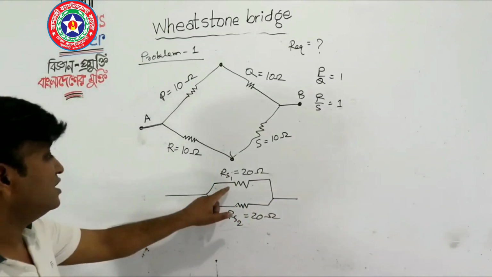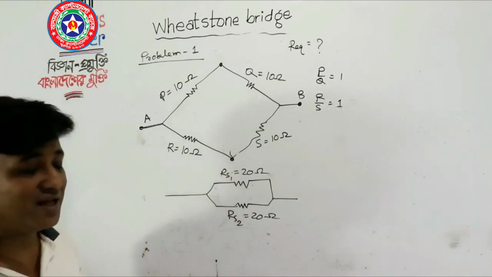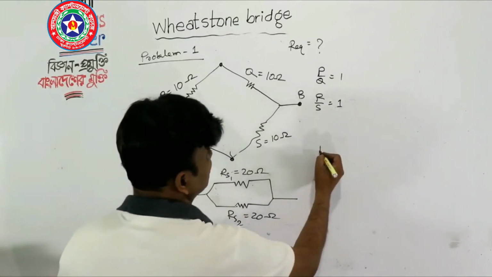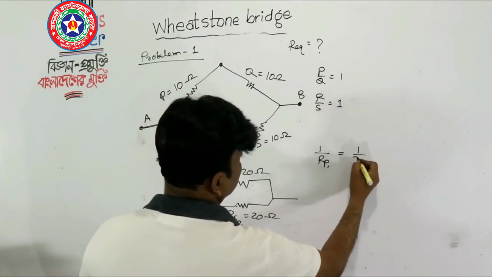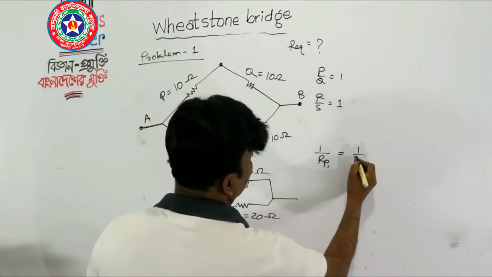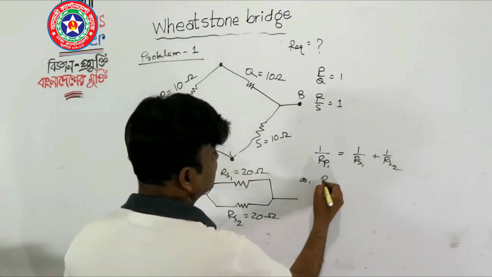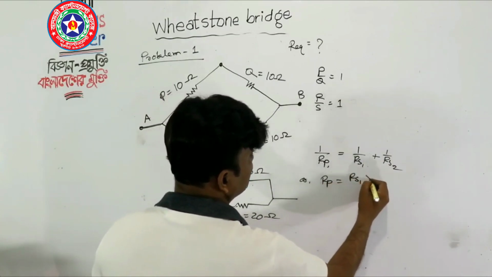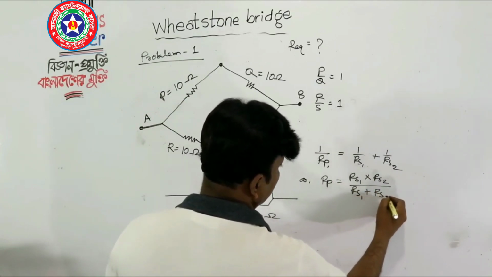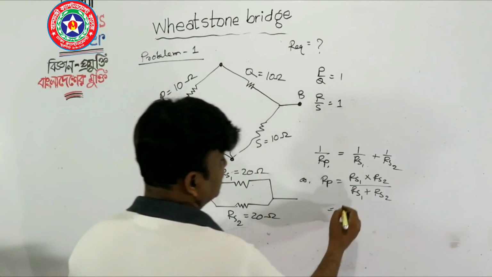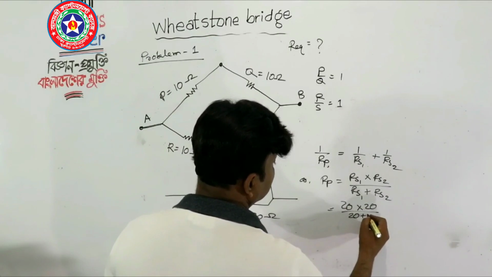Okay, now these two resistances are connected in parallel, therefore their equivalent resistance will be 1 by Rp equals 1 by Rs1 plus 1 by Rs2, or here we can write Rp equals Rs1 into Rs2 divided by Rs1 plus Rs2. Now putting the values, we get 20 into 20 divided by 20 plus 20.